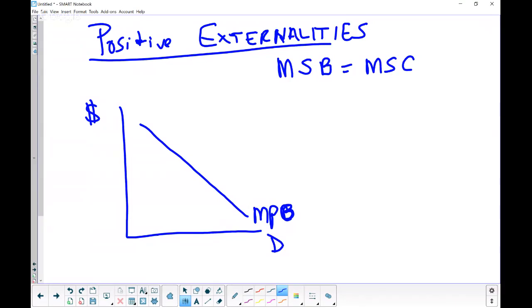So this is what we're going to get from a flu shot, from a vaccination, from education. This is the benefit we're going to receive by purchasing that good. However, guess what? We also have, let's put in the marginal social cost real quick. Sorry. Marginal social cost. This is how much it costs society for those flu shots. Okay. And that could be per unit.